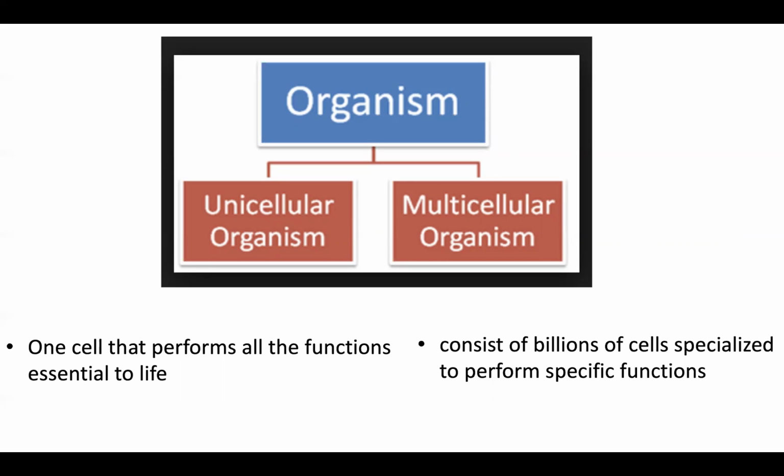So multicellular organisms are going to be humans, right? Dogs, cats, plants, trees. Those are all multicellular organisms, right? And so you should be able to easily distinguish between the two types of organisms and identify them and describe properties, right? Multicellular organisms are going to be more complex.